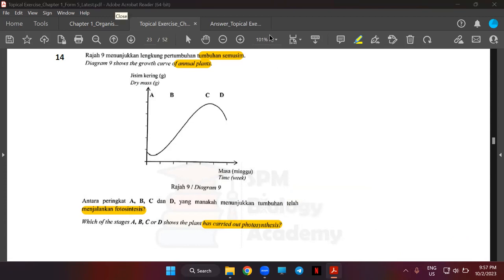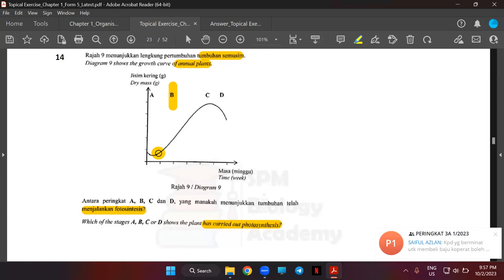Are you sure, Harisha? Harisha, are you sure? D, negative growth, Harisha. Photosynthesis tak ada lagi. Ya, jawapannya ialah B. Daun sudah keluar, dia mula melakukan fotosintesis. Alright? Daun dah keluar. Ya. So, jawapannya adalah B.